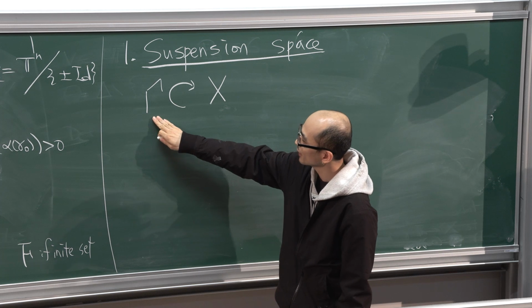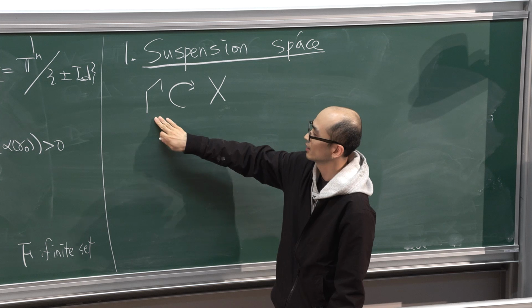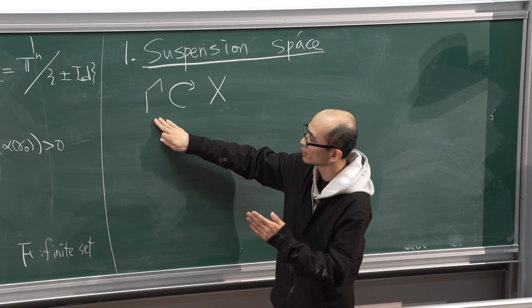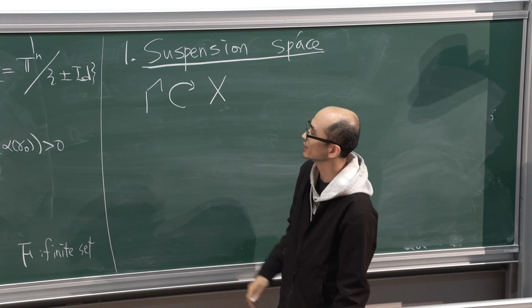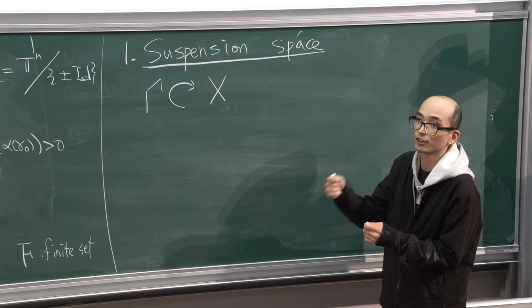You will see later why discrete group action is not good, or why the continuous action is better. So I want to make a continuous action, not the discrete group action.